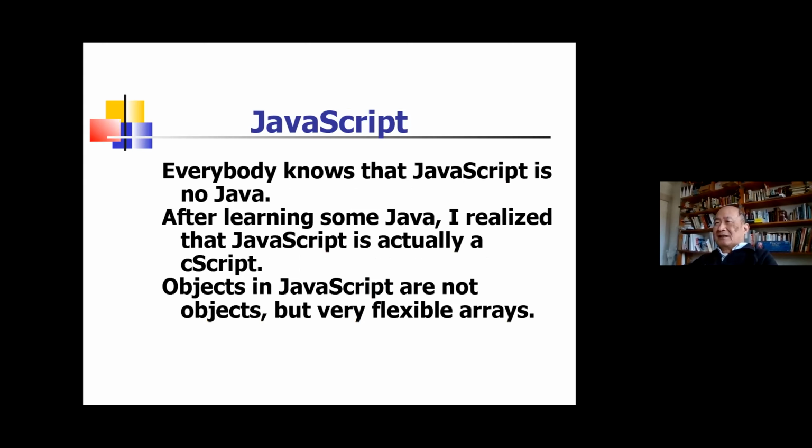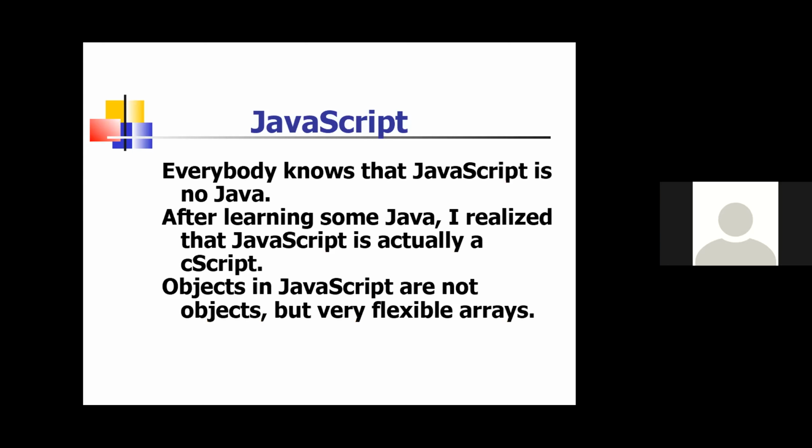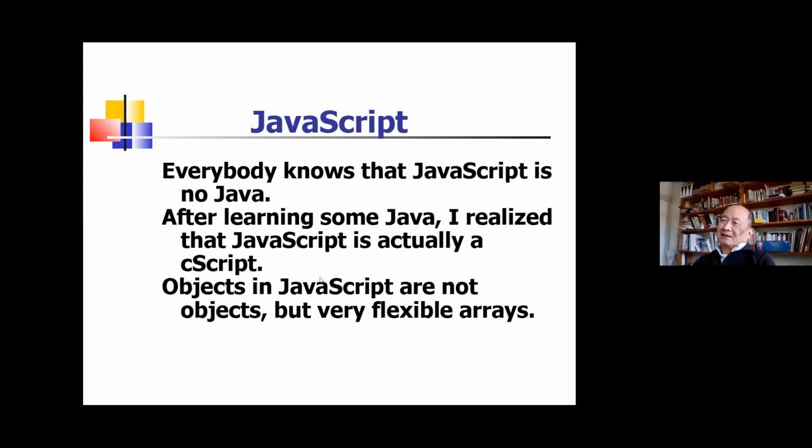After I learned a little bit of Java, I realized that JavaScript is actually a C script, so it just expanded C to be more interactive. Objects in JavaScript are not objects, but very flexible arrays. And it's this very flexible array which allows you to do lots of things, kind of like object-oriented programming, but not really.